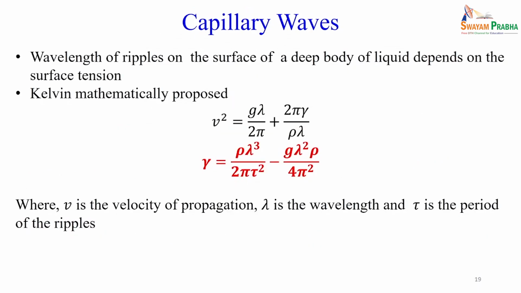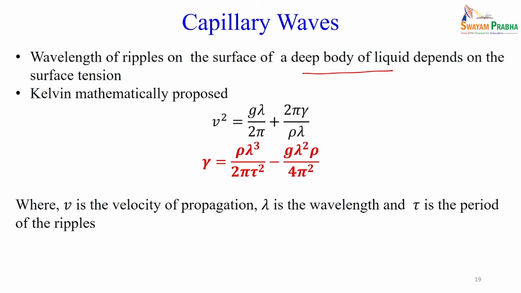The next method is the capillary wave. What it says is, if you have a drop of liquid in the other liquid, or a drop of liquid into a deep body of liquid, the wavelength of the ripple on the surface or interface depends on the surface tension. It means the surface tension will decide the wavelength of the ripple at the interface when you put a drop into another liquid.